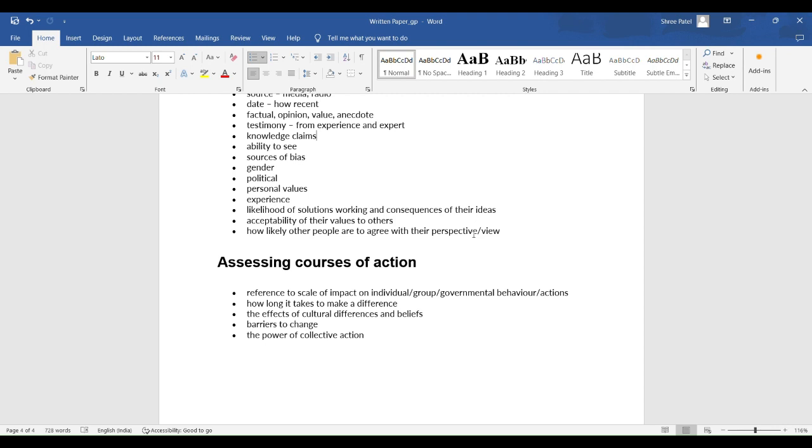Then you can say the power of collective action. If the government, businesses, and everyone are collectively taking action, how is this going to impact society, and might it be positive or negative? So remember to use one keyword and exaggerate that keyword. For example, if you are using barriers to change in the first paragraph, then remember to exaggerate that.